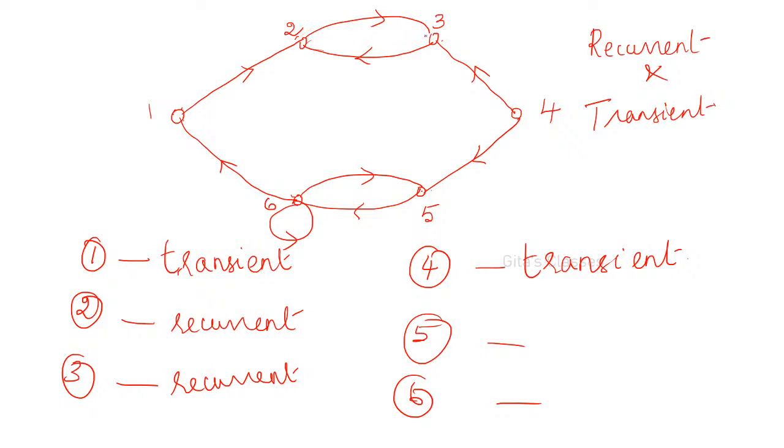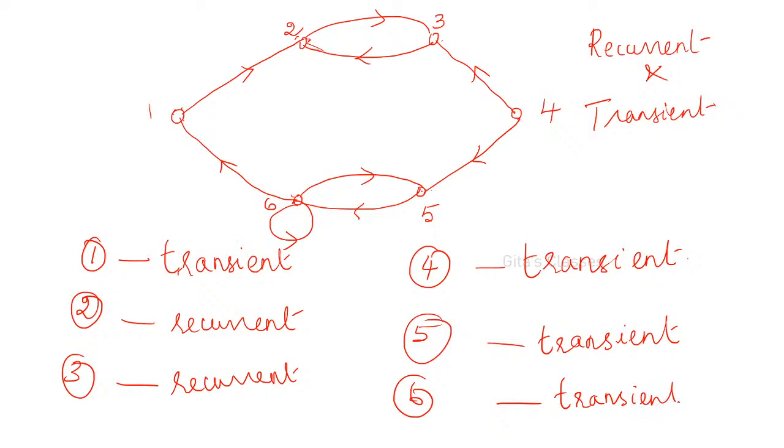Similarly, from 3 if you go to 2, definitely from 2 there is no other outgoing, so you have to come back to 3 only. Therefore 2 is recurrent, 3 is recurrent, 5 is not. Understood? So 5 is a transient state. It is not a recurrent state.